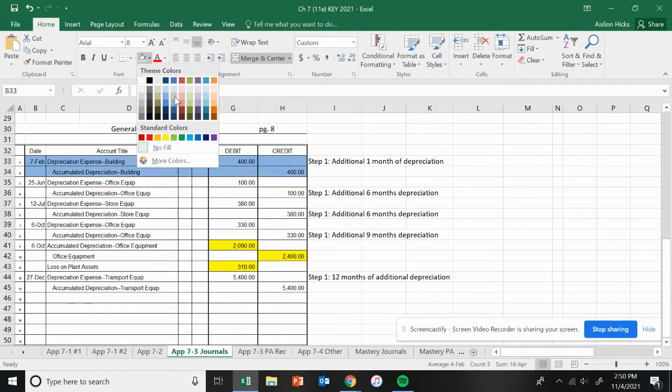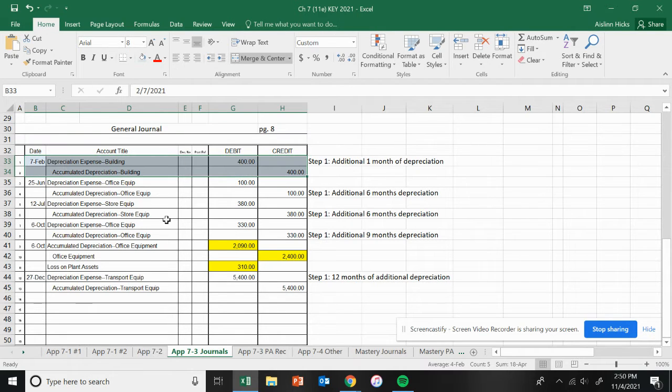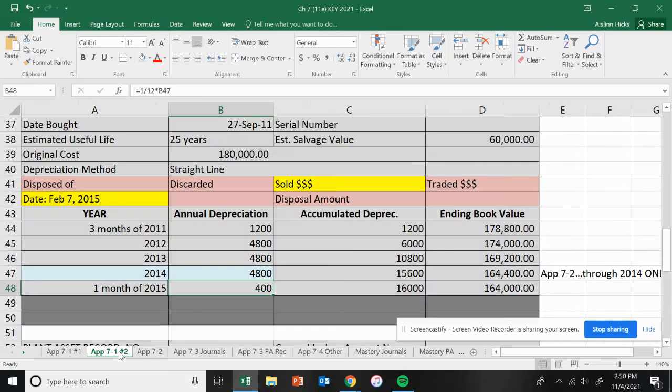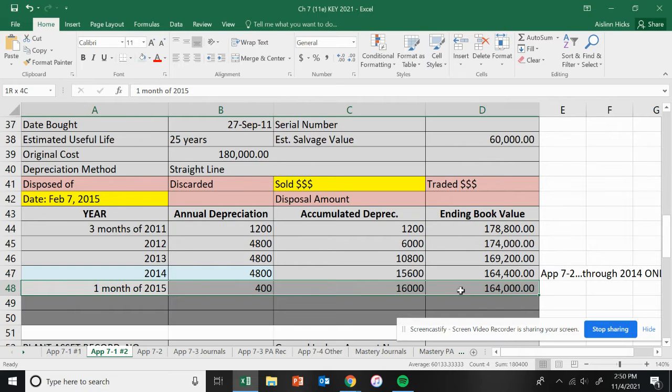Additional depreciation for the building is going to be depreciation expense and accumulated depreciation. And you can see I linked this $400 here to this $400 right here. So that is my first step. This has to be done before I can get rid of the product.